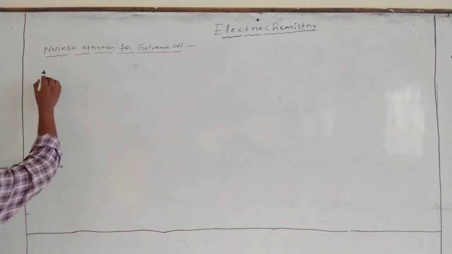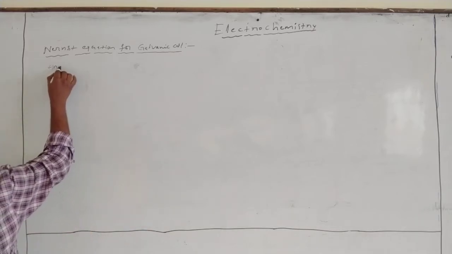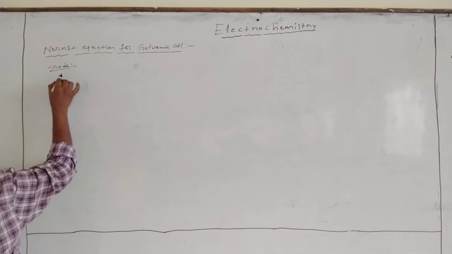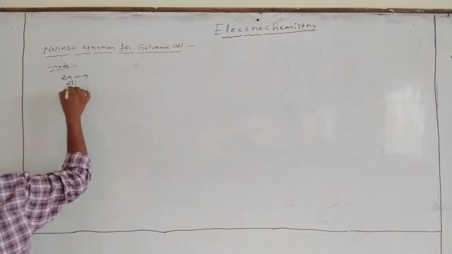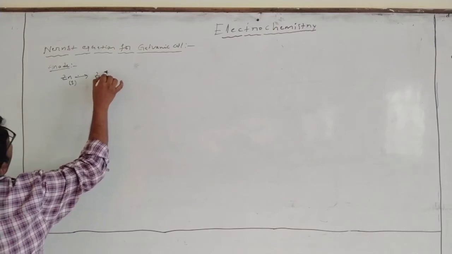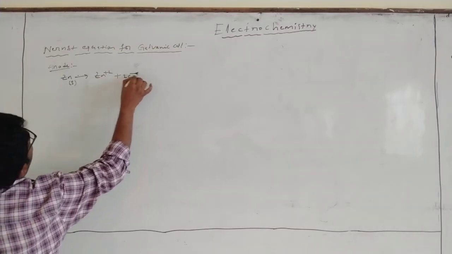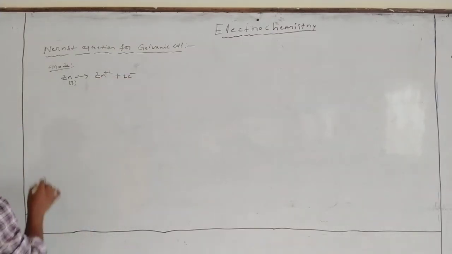So for the anode, Zn is a solid, Zn gives Zn plus 2 plus 2e minus.